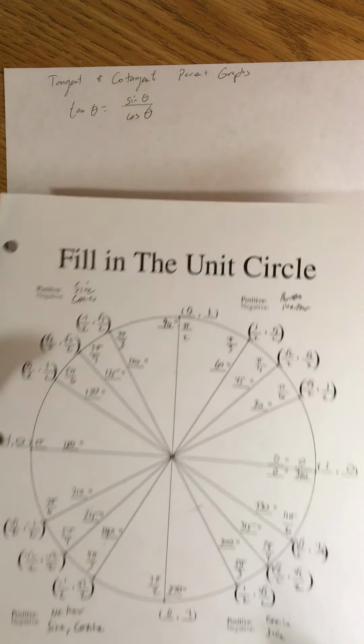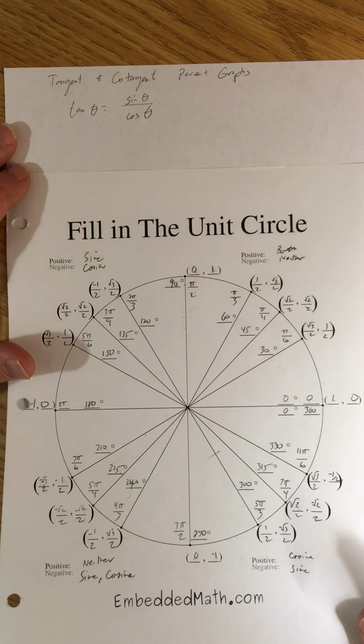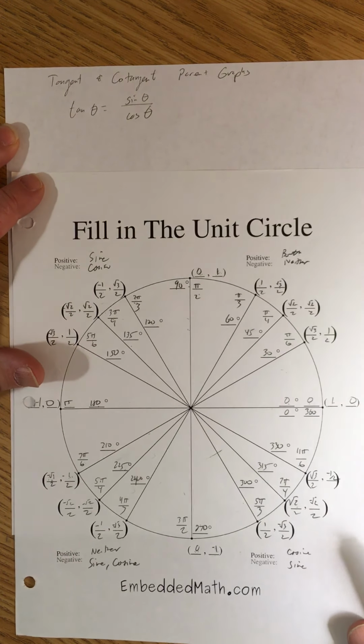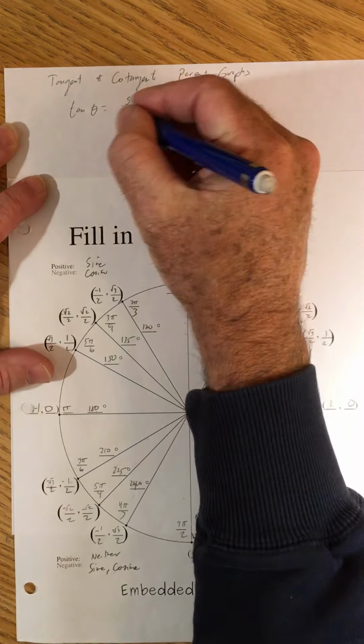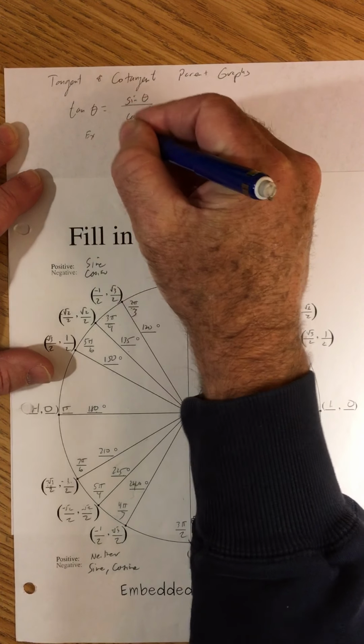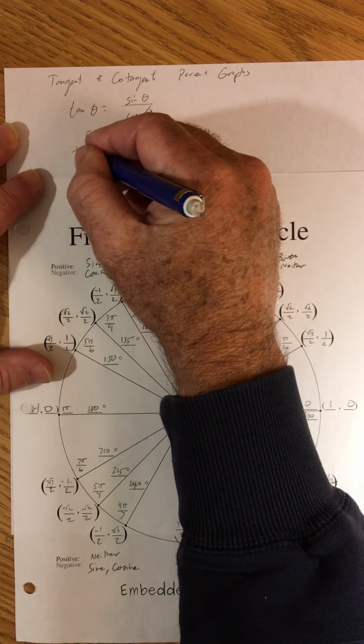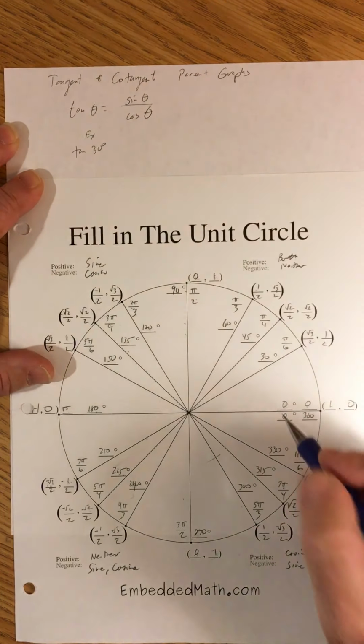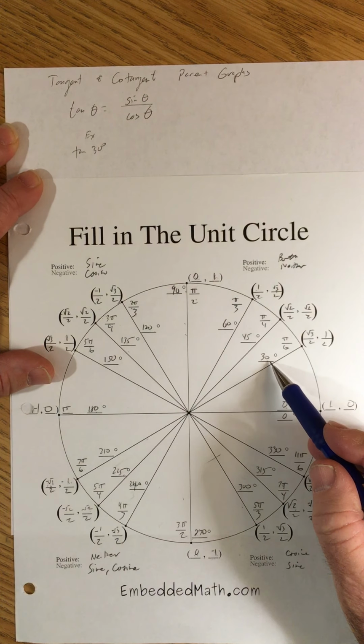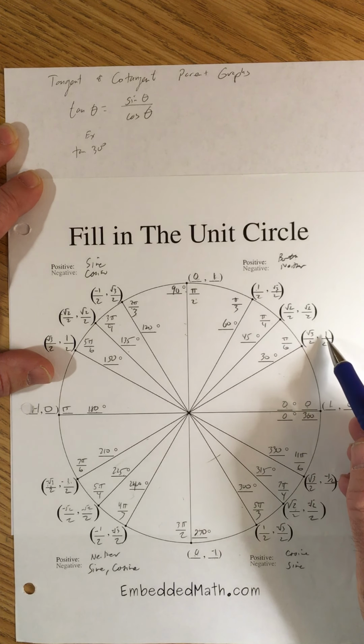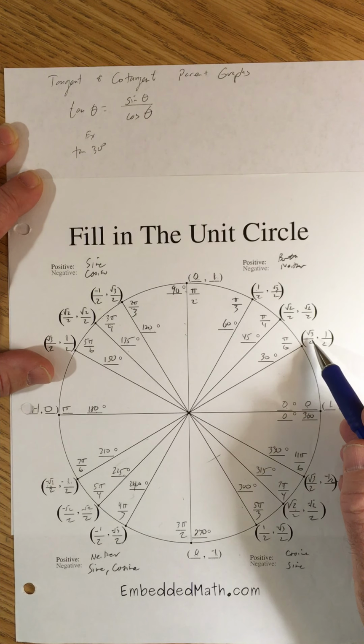And you're going to need your unit circles for today, but if we put the unit circle up, take a quick look at that. Say, for example, the tangent of 30 degrees. The way we did that is we went to 30 degrees and sine over cosine, 1/2 divided by square root of 3 over 2.